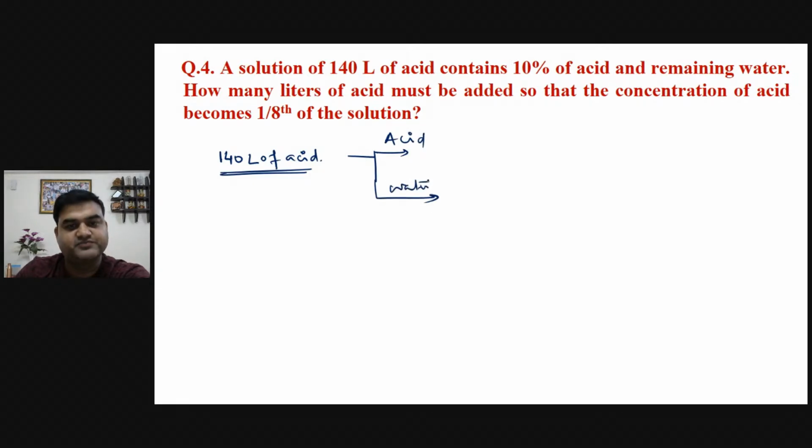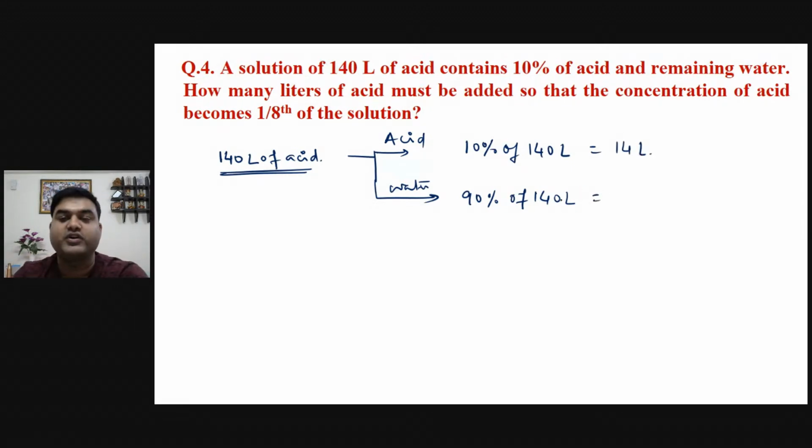So 10% of 140 liter will be the acid quantity, and the remaining 90% is water. So this is going to be 14 liter, and this is going to be 140 minus 14 liter, so that will be 126 liter. Correct, no?